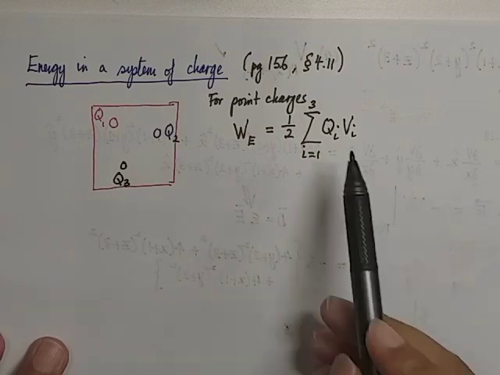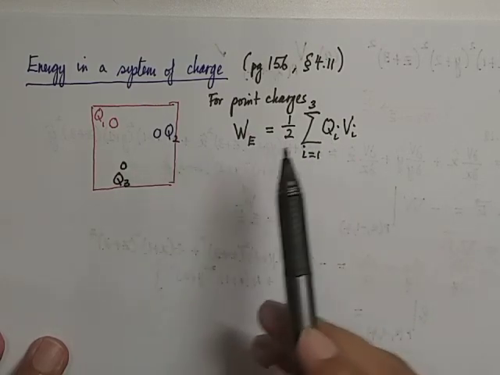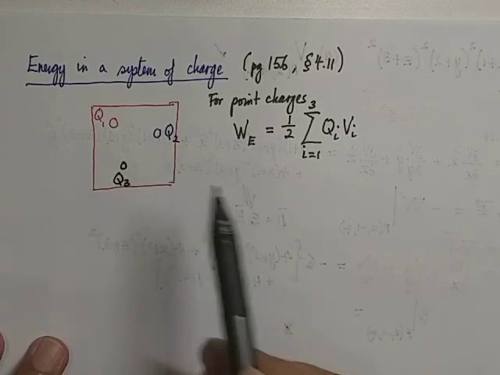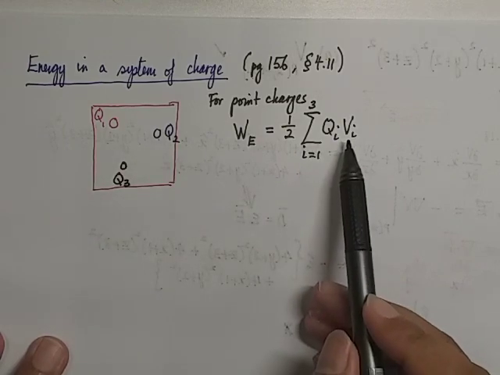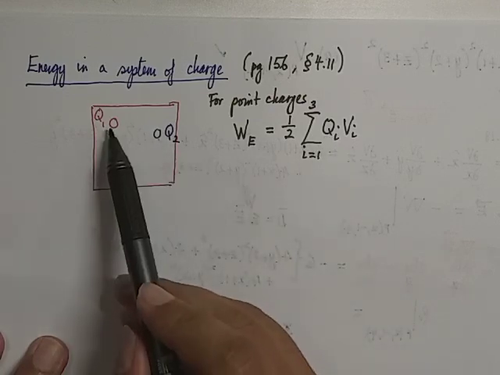So we ask ourselves, what is the Q? Q is the magnitude of the charge, the magnitude of the point charge. And the V is the absolute potential. So the Q is the point charge. If I'm referring to point Q1, that should be my Q1. And what should be the potential?